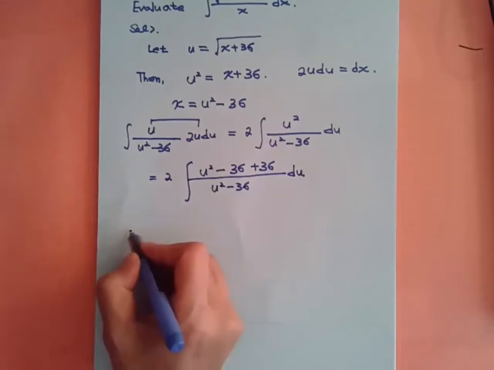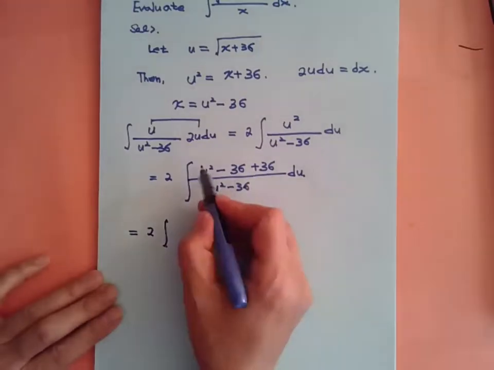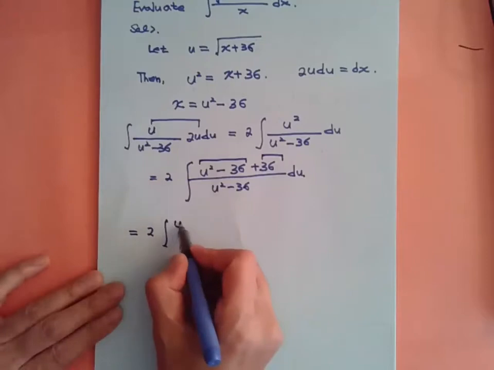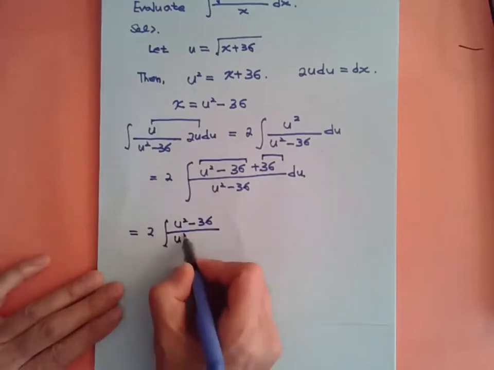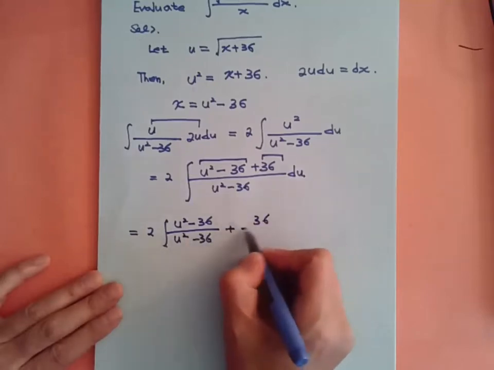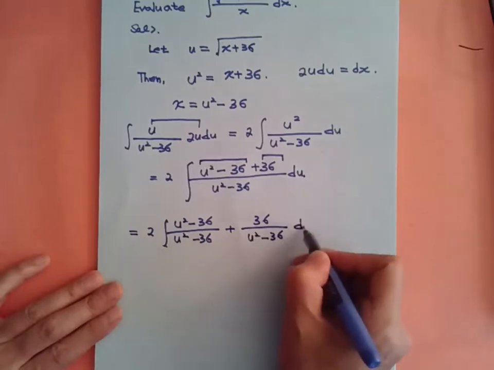So that is 2 times the integration. We will split like this. Then that becomes u squared minus 36 over u squared minus 36, plus 36 over u squared minus 36, du.